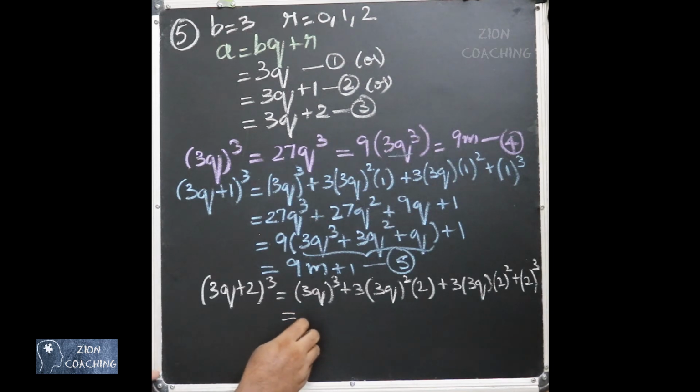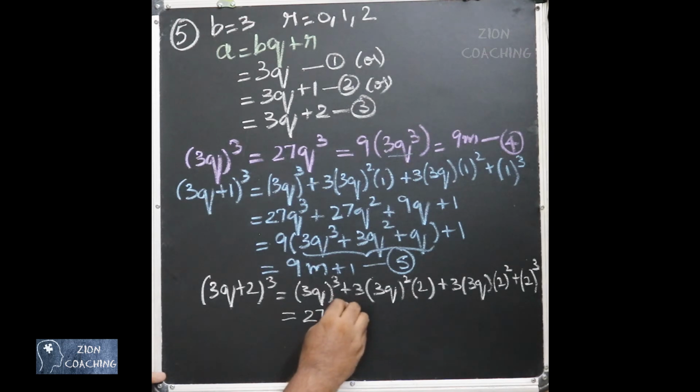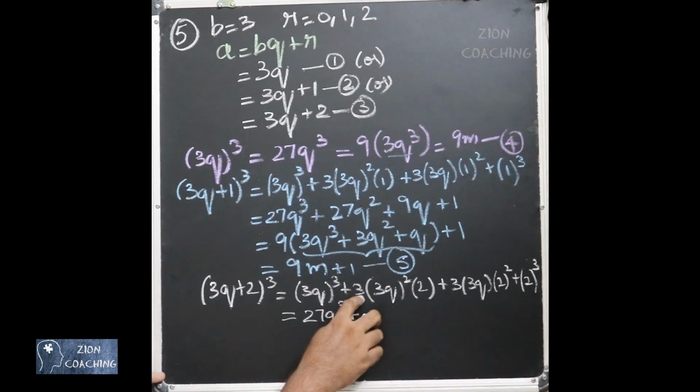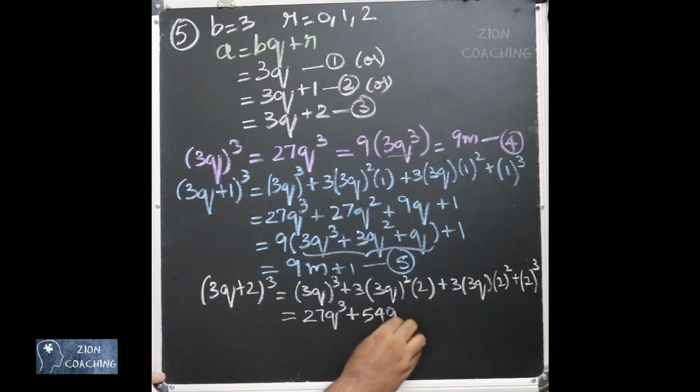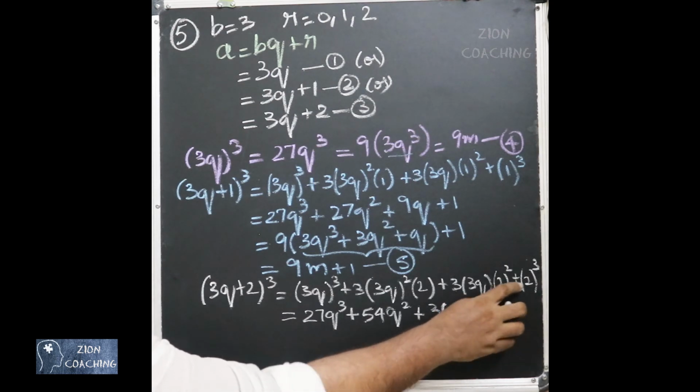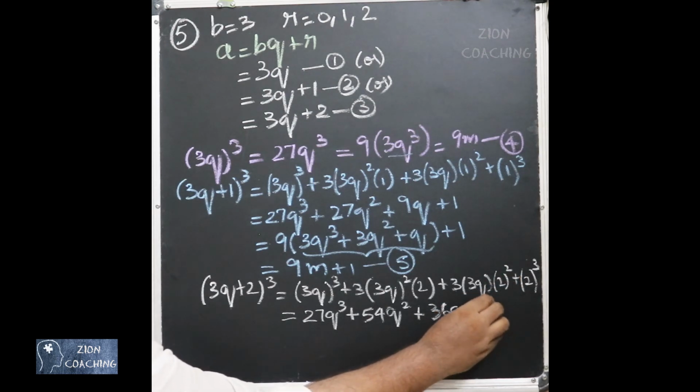So 3q cube is going to be 27q cube, plus 9q squared into 3 is 27q squared, 27q squared into 2 is 54q squared, plus 2 squared is 4, 4 3s are 12, 12 3s are 36, so we are going to have 36q, plus 2 cube is 8.